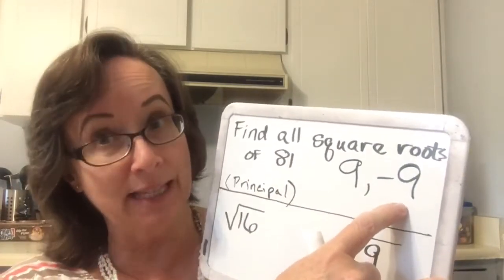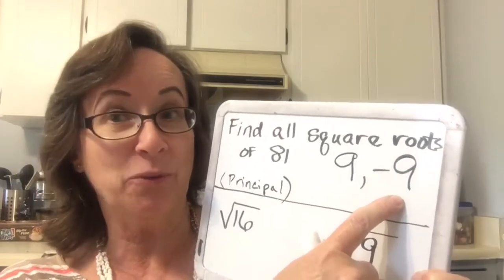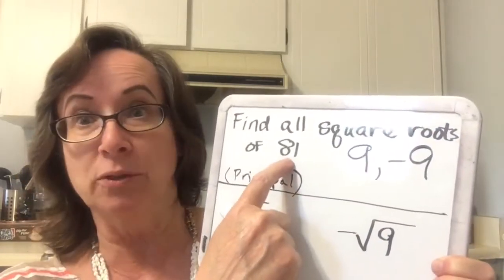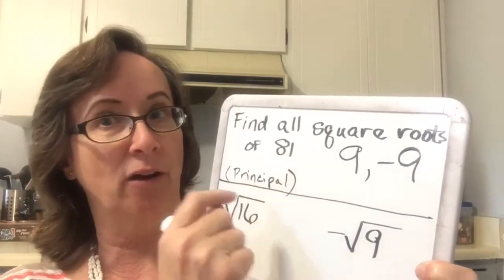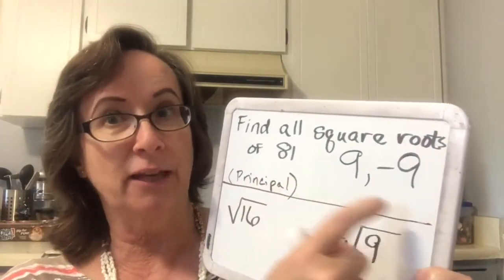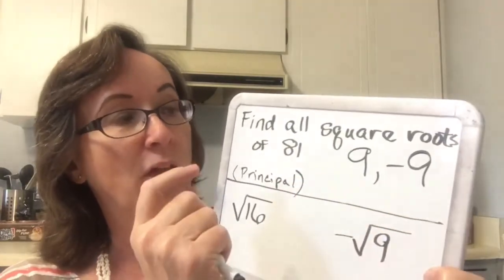Negative 9 times negative 9, the negative sign squares out, so that equals 81 also. So when you do not have a radical sign over it, then you need to consider there are two roots.